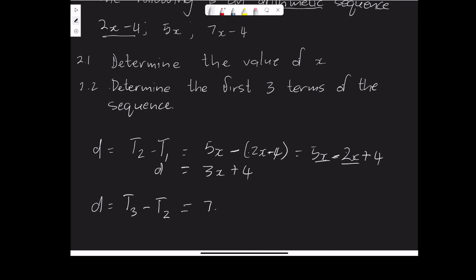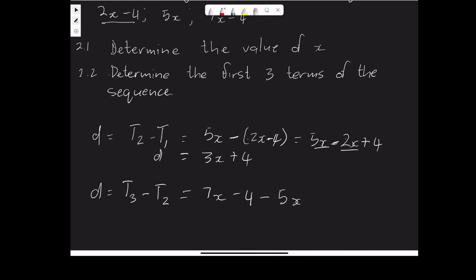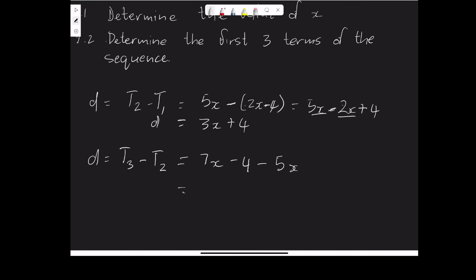So we've got 7x minus 4, minus 5x, which is our second term. Now let's try and simplify that quickly. So we've got 7x minus 5x, those are the two terms that are common. So we're going to say this is 2x minus 4. And as a result, that is our common difference.